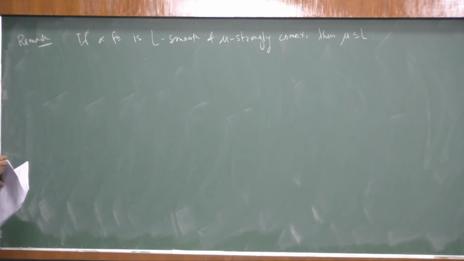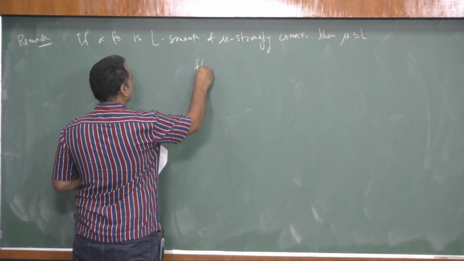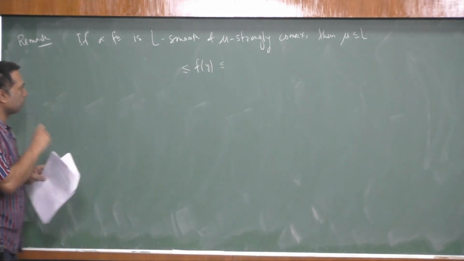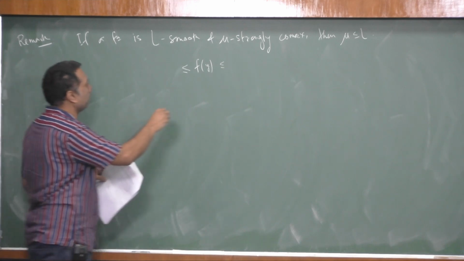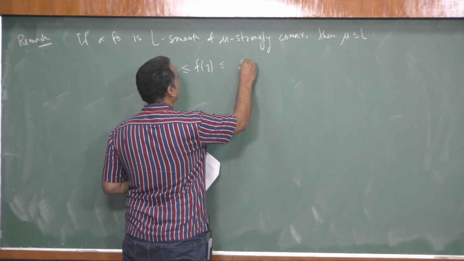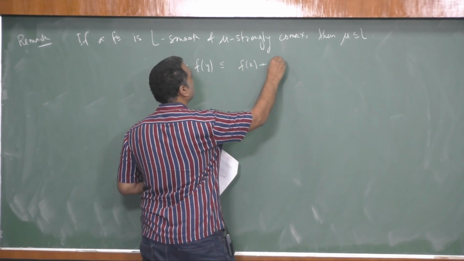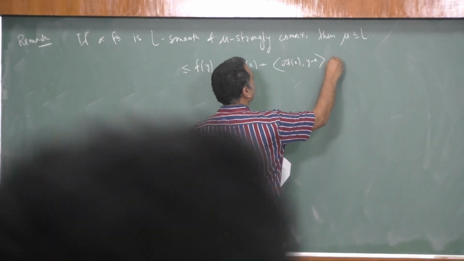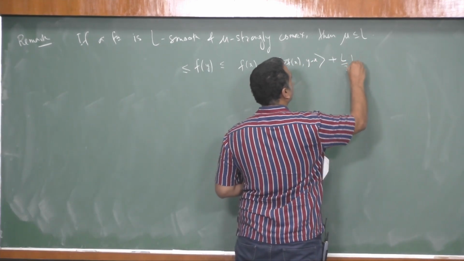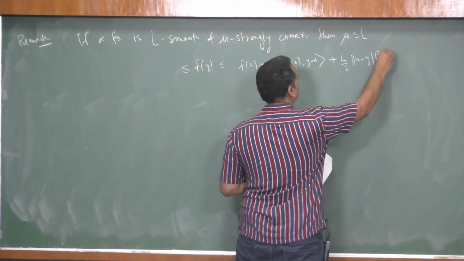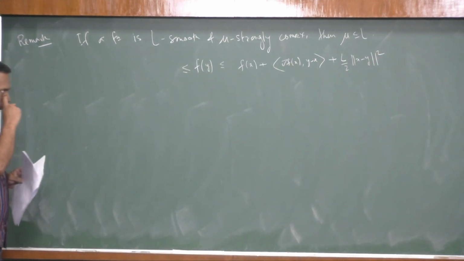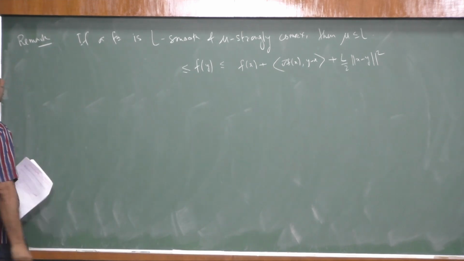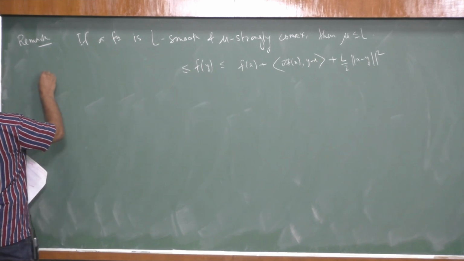Because we had this f(y) here, and we had the lower bound and upper bound here. So here we had f(x) plus grad f(x) times (y minus x) plus the Lipschitz constant L by 2 times norm of (x minus y) whole squared. So this came from smoothness, and another one was the mu strongly convex case, right?